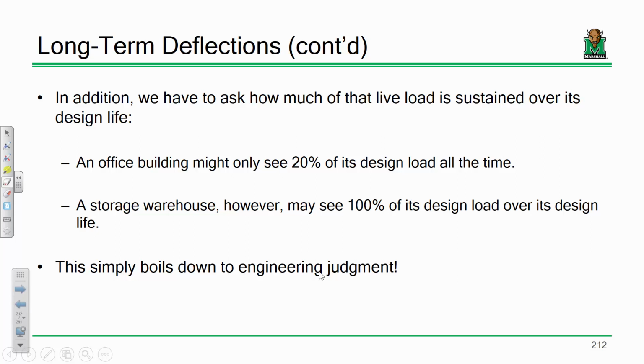It's really more about this: based on the structure you've got and based on the sustained load that it's going to see, the question is how big does that beam need to be in order to meet that design life? Does that make sense? So I'm sort of asking the opposite question, and that's what most structural engineers are going to consider. Does that make sense?